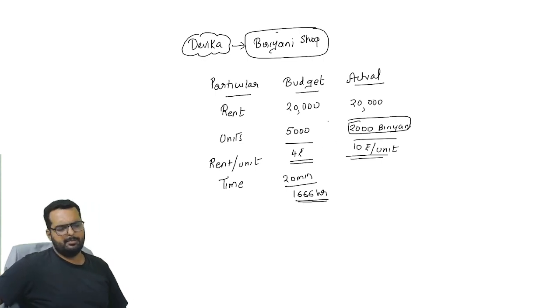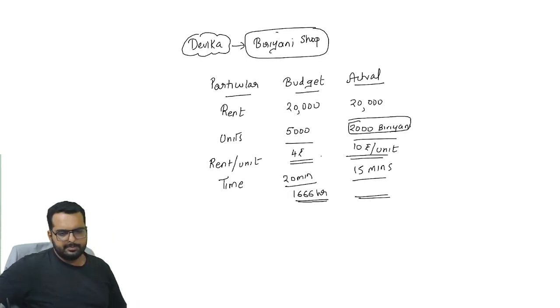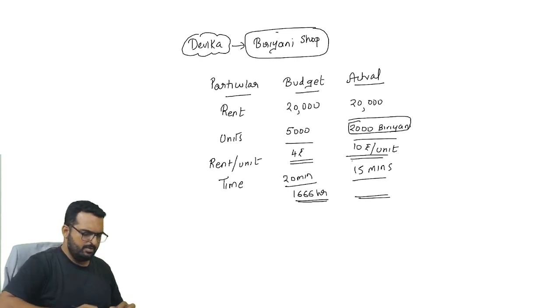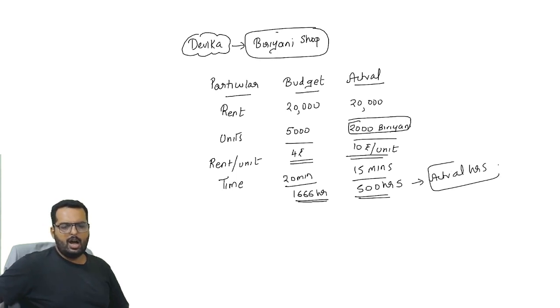Give me some number. 15 minutes. Okay, you did it in 15 minutes. So you've done it in a much faster pace, correct? So 2000 into 15 is how much? 30,000. Divided by 60 this will turn out to be how many hours? 500 hours. This is my actual hours.